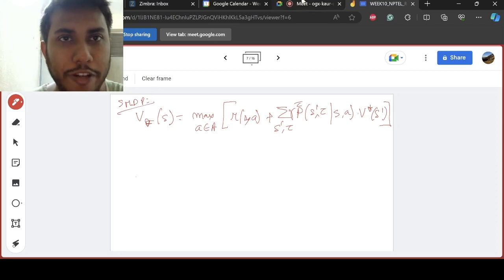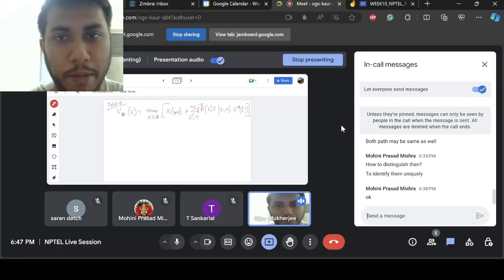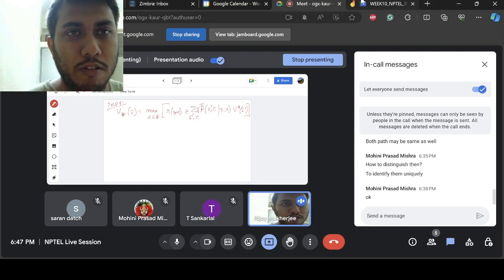Right, this is your equation for your SMDP, your Bellman equation value function.